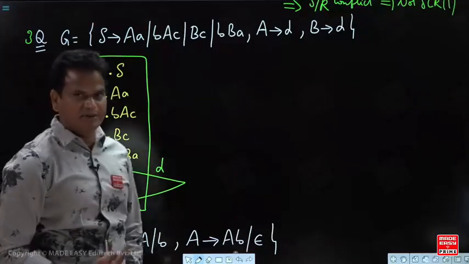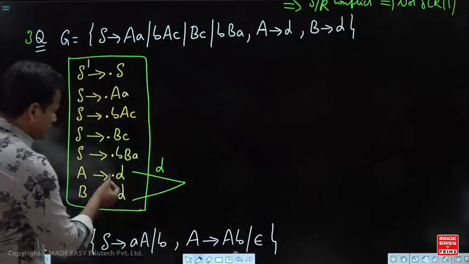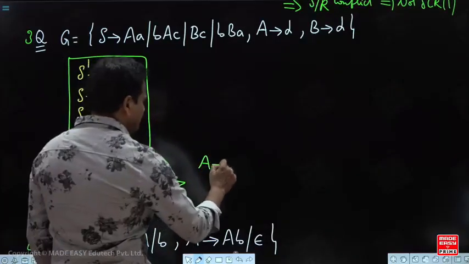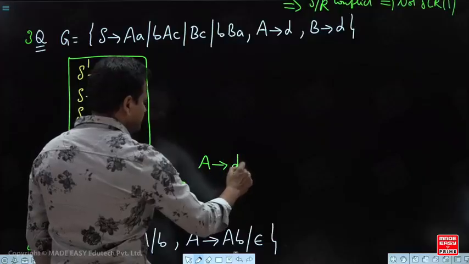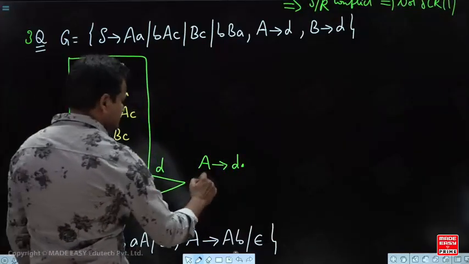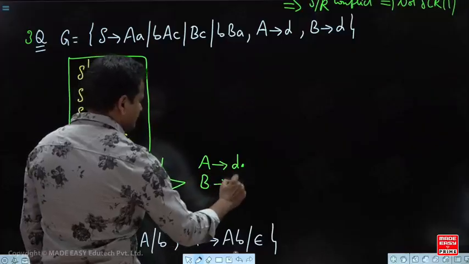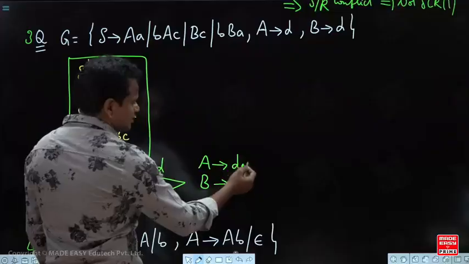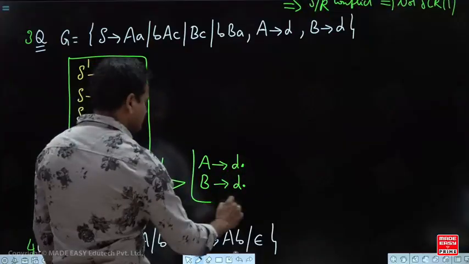Are you following whatever I am saying? Here dot D, I will expand this one. So what will you get? A derives D dot, this one, and this also B derives D dot. Are you following? So this A derives D dot, B derives D dot, and dot of nothing, then close this one.